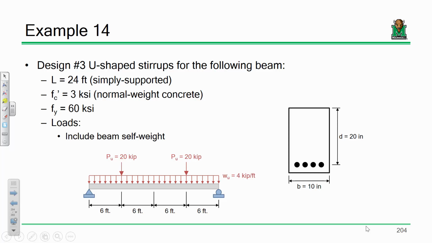And so for each of these, what I can then do is I can say, all right, x for the first one is going to be 68 kips minus VU over 4 kips per foot. And then this one is x equals 48 kips minus VU over 4 kips per foot.